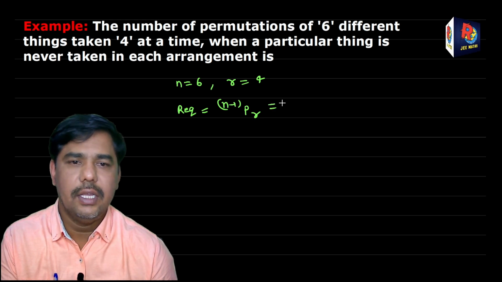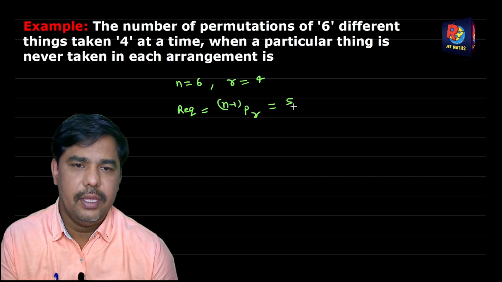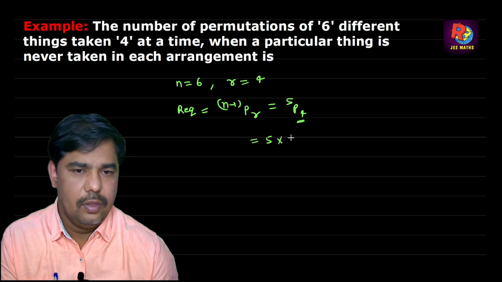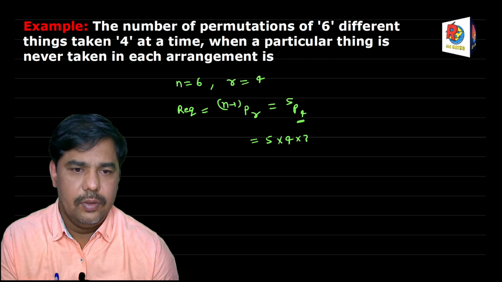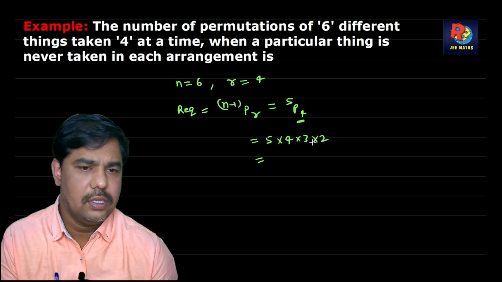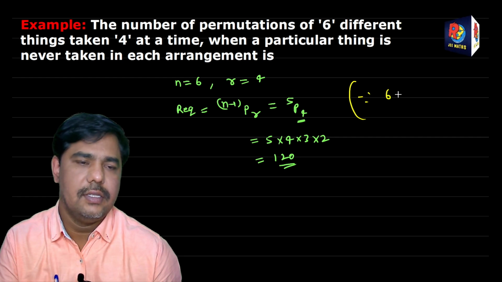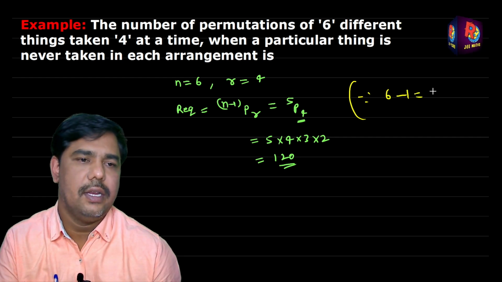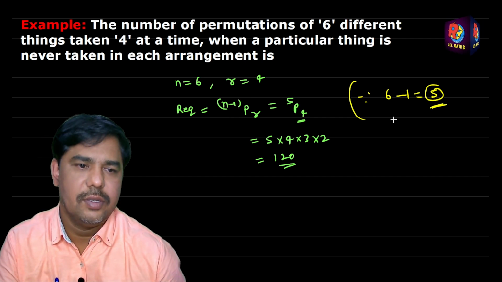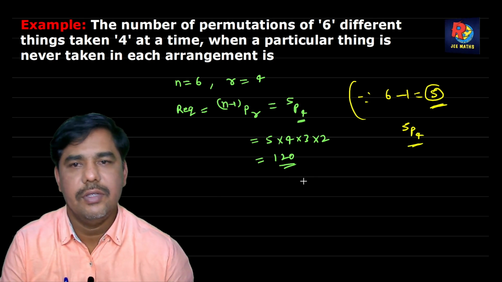So directly, n minus 1 means 6 minus 1, that will be 5. 5P4 is the answer. 5P4 means 5 into 4 into 3 into 2, that is 120 is the answer. Simply, total persons are 6. In this, one person we need to subtract, then it will be 5. Out of 5 we need to arrange 4. So it will be simply 5P4 is the answer.